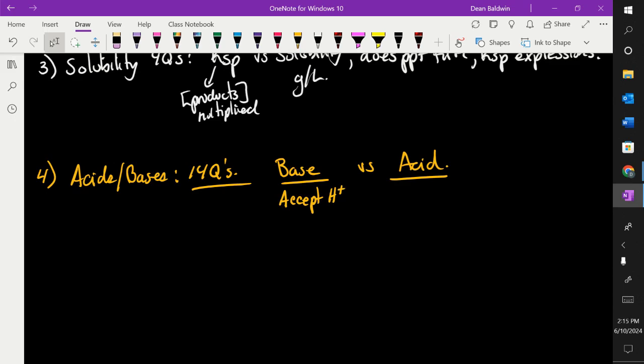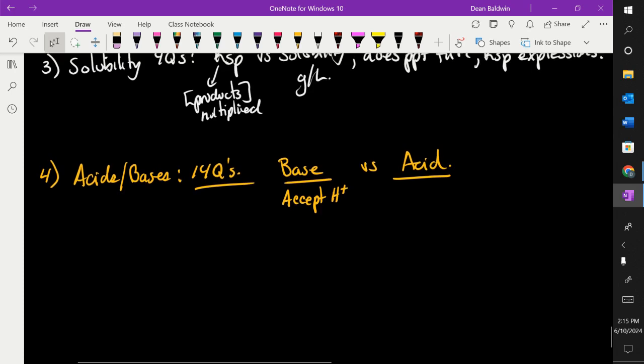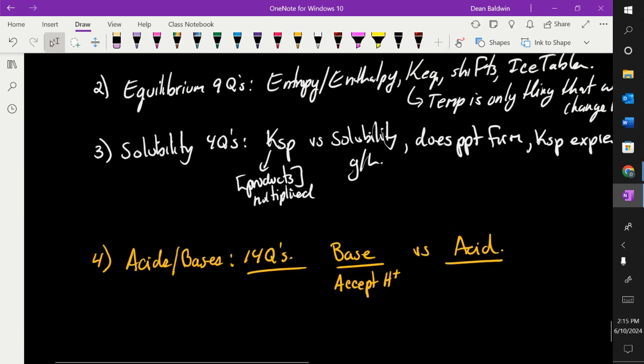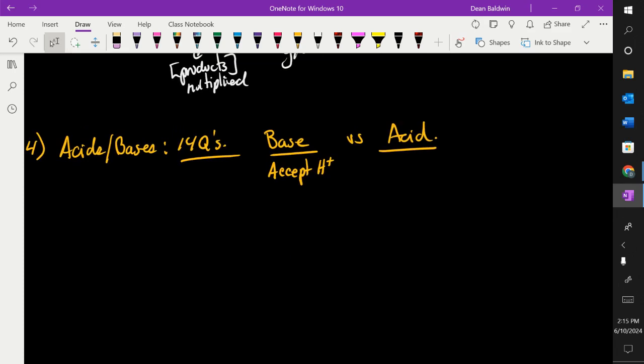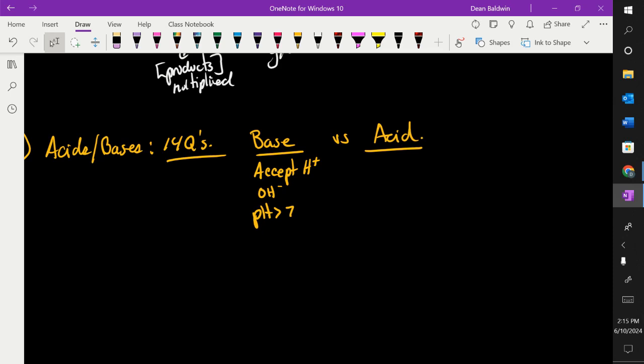So bases accept protons. Not all, but a lot do have OH in them. Their pH is greater than 7. Litmus paper would go blue. If that's important. I don't know.